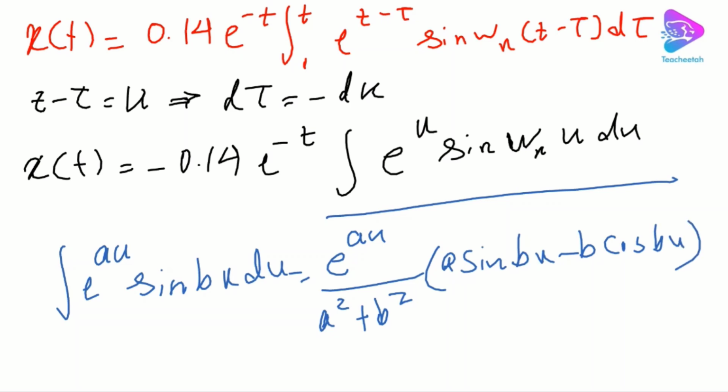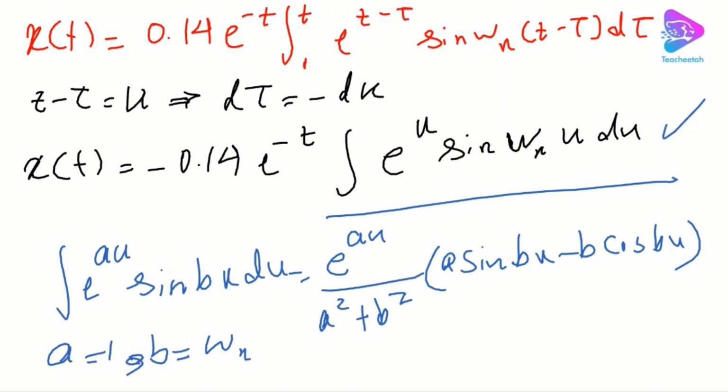This is a formula I found from some handbooks, and I don't need to calculate this integral. Anyway, you can find this integral by integration by parts and repeating that. For our case, a is equal to 1 and b is equal to ωn, right? So keep that in mind.